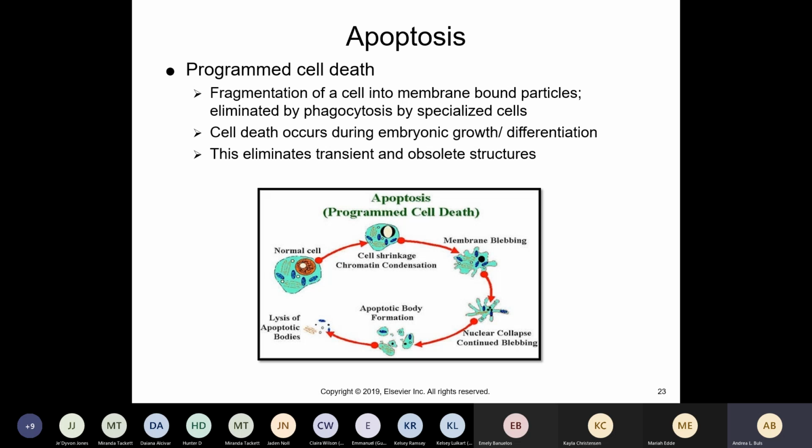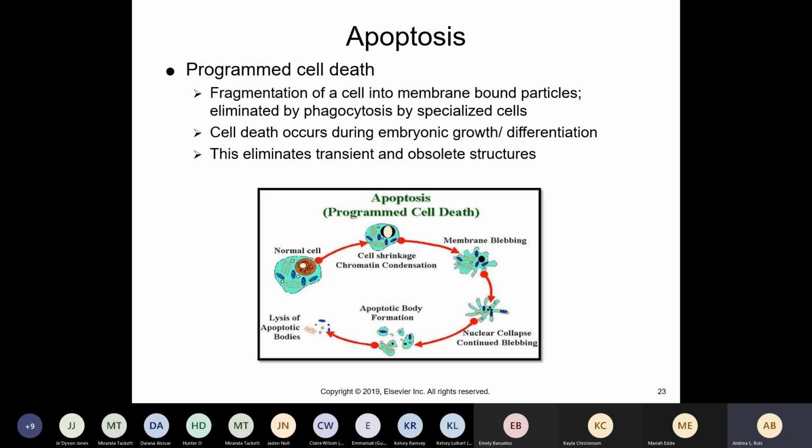Apoptosis is programmed cell death. So a normal cell will die over time. Fragmentation of a cell into membrane-bound particles, which are eliminated through phagocytosis by specialized cells. That cell death occurs during embryonic growth and differentiation, when those cells are growing, and then when they differentiate, that's when they're kind of specializing into what kind of cell am I going to be.